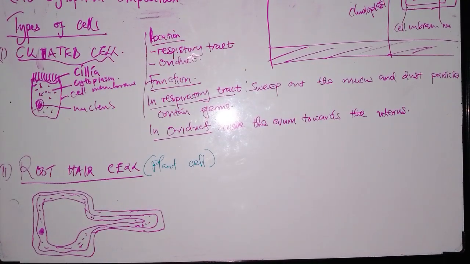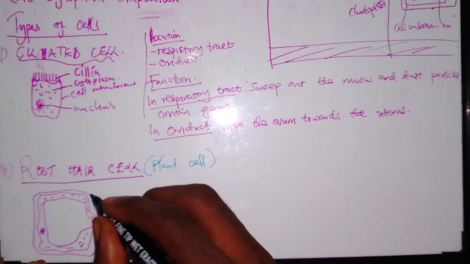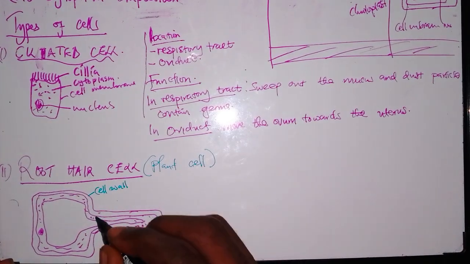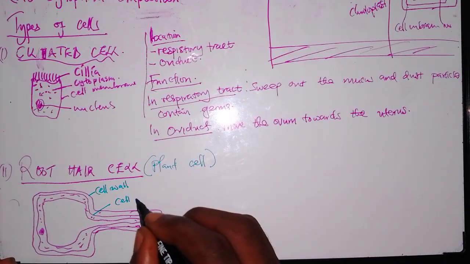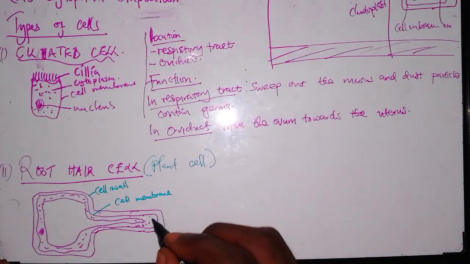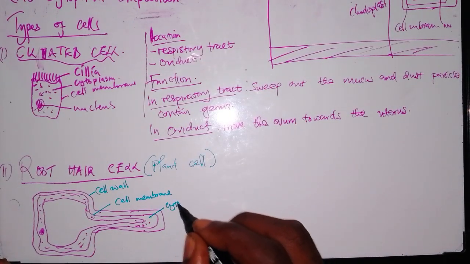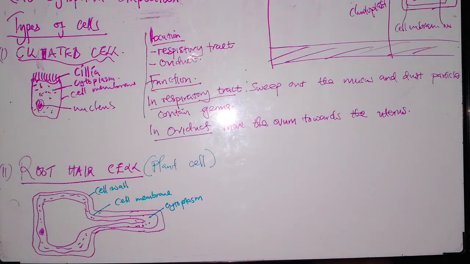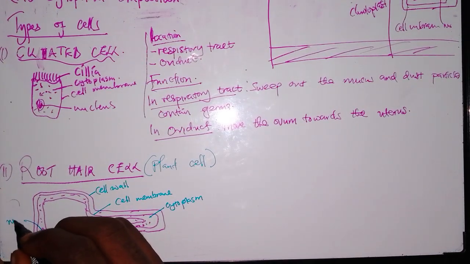First, we'll start with the basic structures which we all know that a plant and an animal cell exhibit. The first one is the cell wall. Then the second one is the cell membrane. Then the third is the cytoplasm. Then the fourth, we have the what? The nucleus.